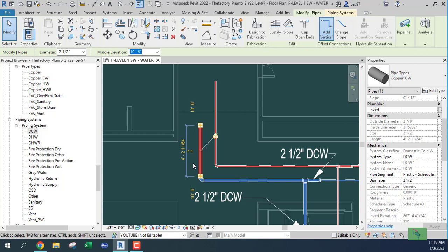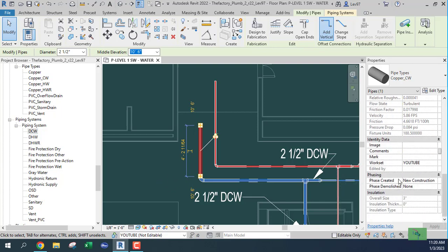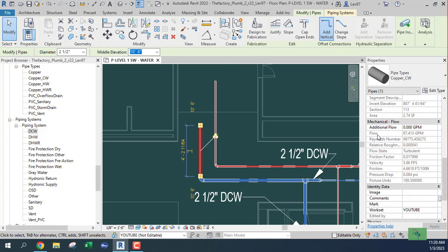There's three columns. There's a fixture unit column, there's a GPM column for flush tanks, and there's a GPM column for flush valves. And knowing all of this information, you can relate that back to Revit and how it's calculating this flow value. And at the bottom here are the fixture units, okay?